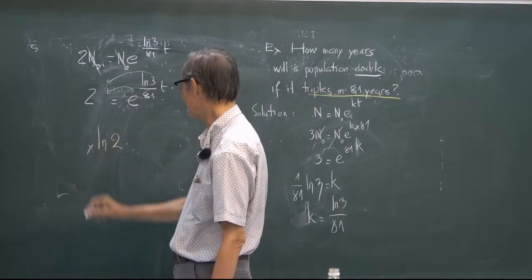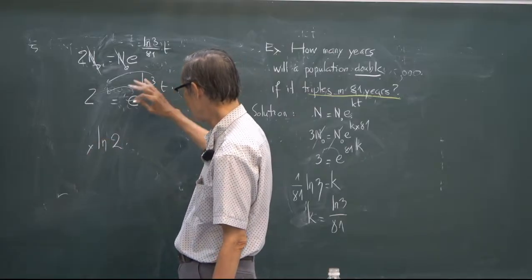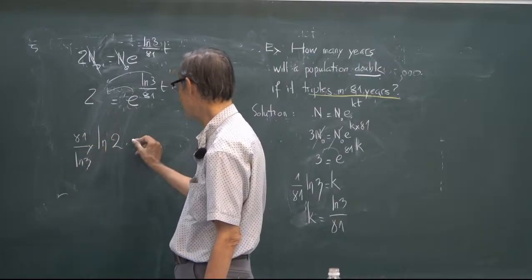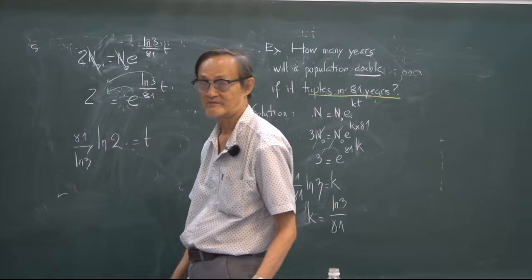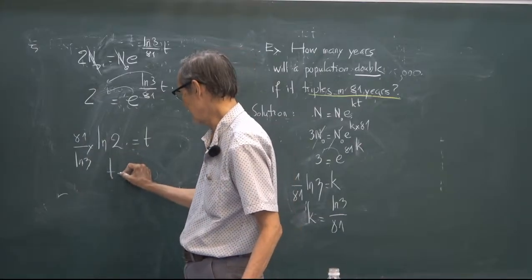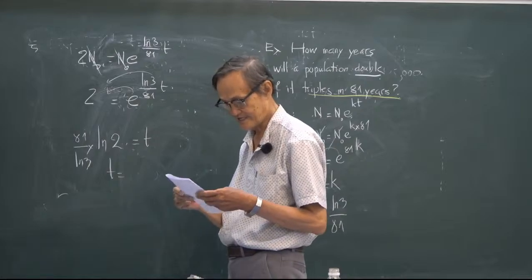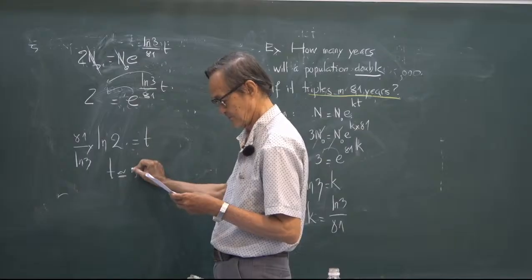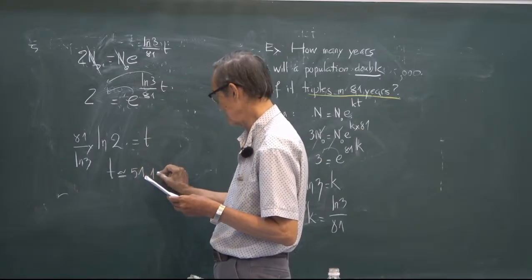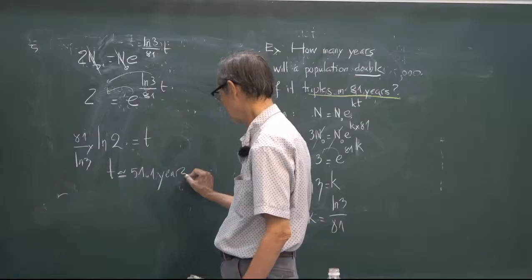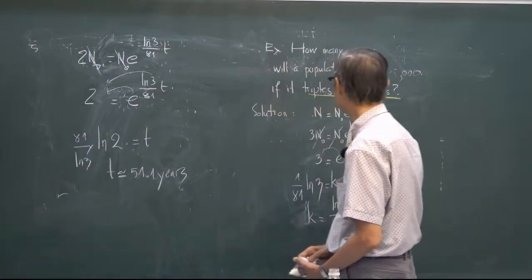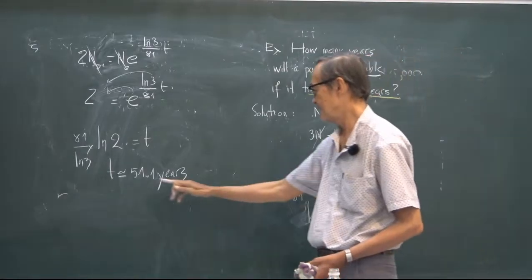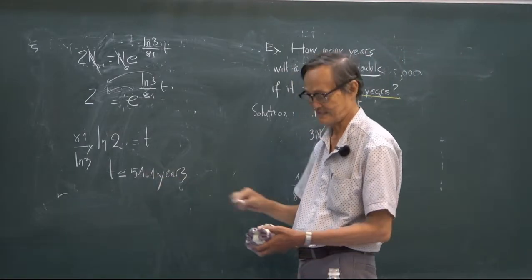We have the inverse of this, 81 over log 3, equals T. Use your pocket calculator. We have T equals 51.1 years. Okay. Triple in 81 years, double in 51.1 years.